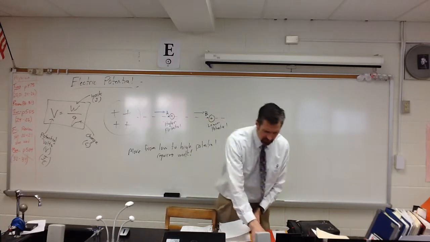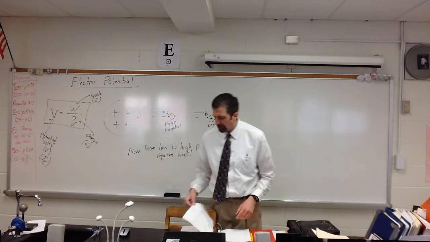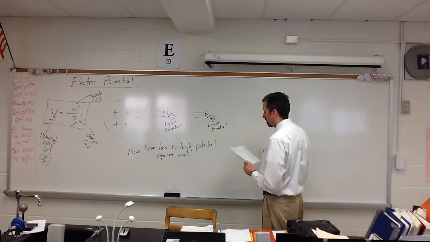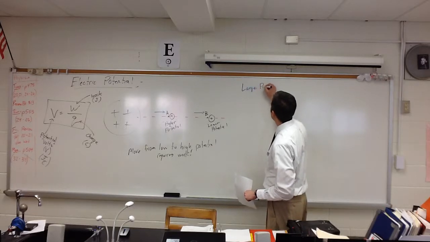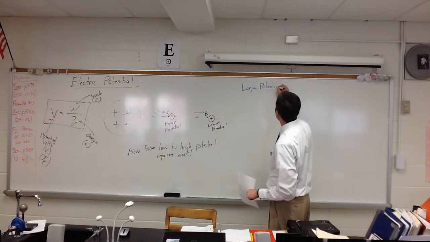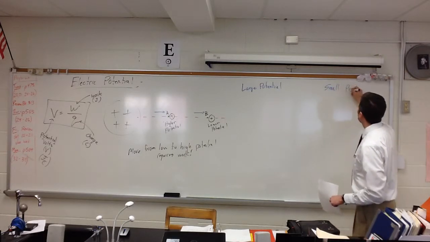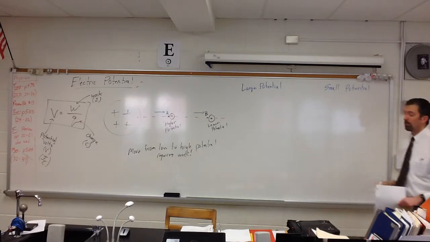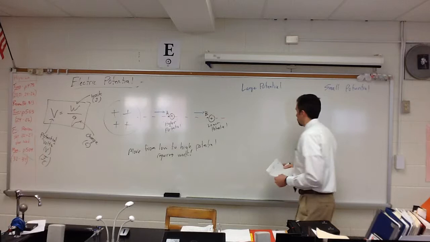Well, the next picture I'm going to draw you, just to solidify this completely in your mind, I'm going to give you 2 examples of large potential, and 2 examples of small potential. Now remember, this is the potential to do work. So, large potential.